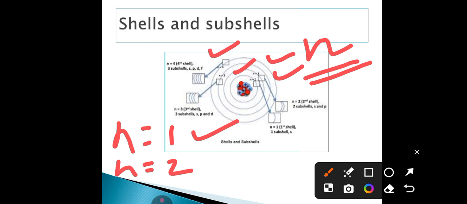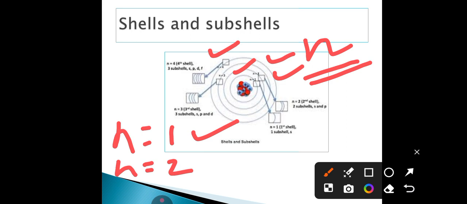Just like how I have a name, you have a name, everyone has a name in this world. Similarly, n is 1 means it is referring to the first shell, the first shell immediately around the nucleus. The next subsequent ones will be n2, and then n3, n4, n5, n6, and so on. As I already told you, n refers to energy level.